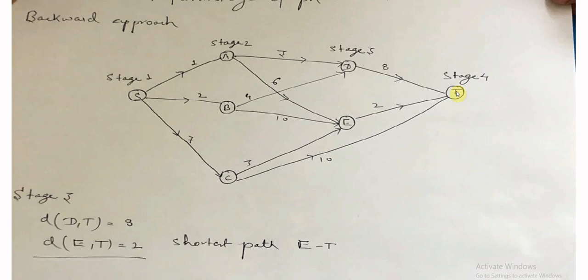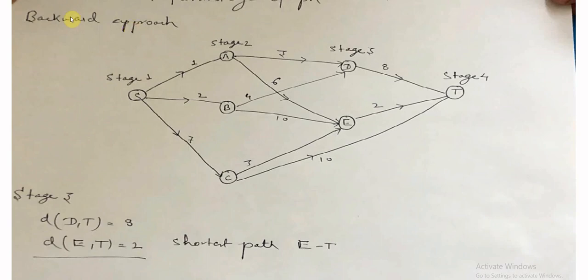So this whole procedure is done in a backward manner, that is from T towards S. So this approach is known as the backward approach, and it is quite easy and also requires less computation as compared to the forward approach, because there is no need to make a table. Here we are simply utilizing the already computed distance of a particular vertex in the next vertex.